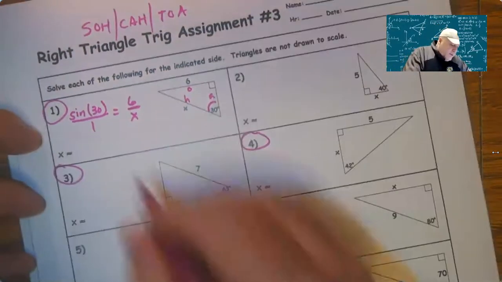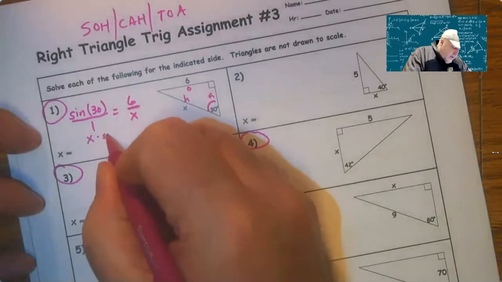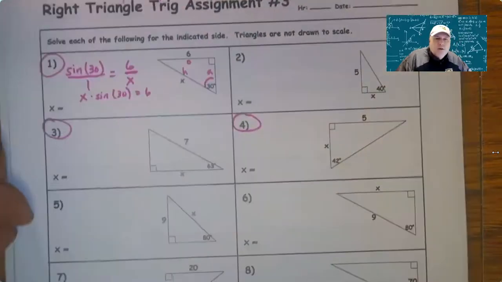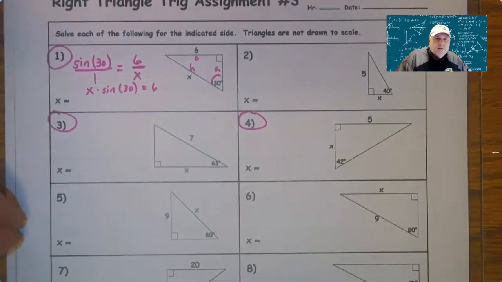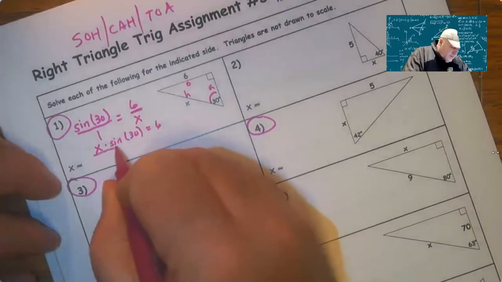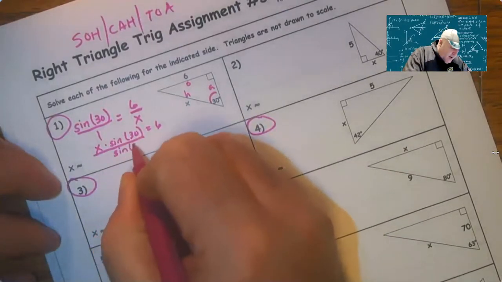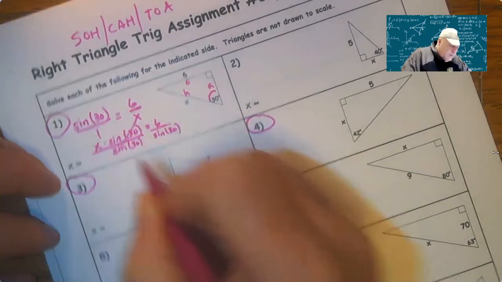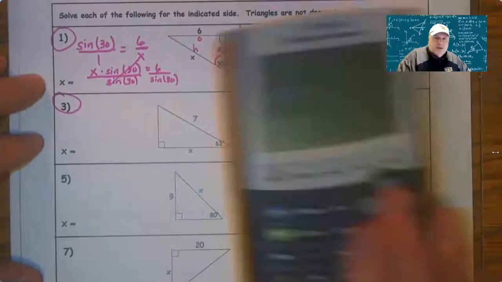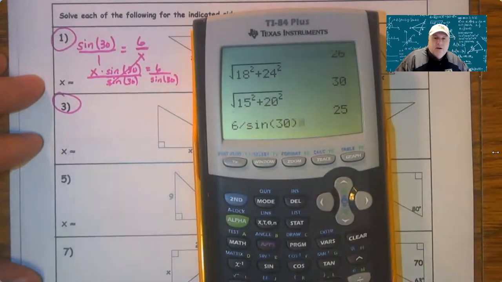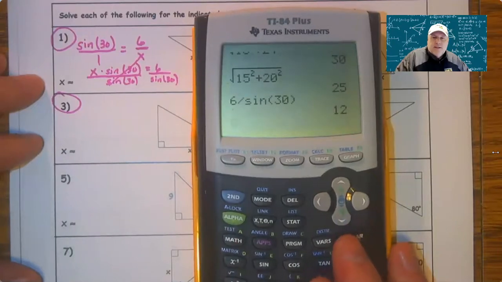And then it's a cross product and divide if you have to. So x times sine 30 equals 6 times 1. And then we're going to divide both sides by sine 30. Sometimes you don't have to divide. It just depends on how the cross product works out. So 6 over sine 30. And you do want to make sure, so the online calculator that you'll use is the Desmos one.